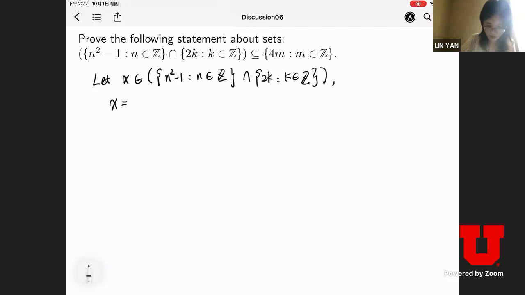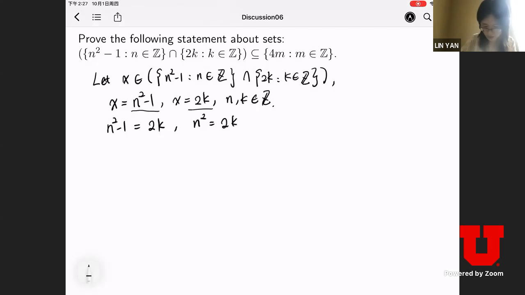but we can know X should be equal to n squared minus 1, and also X should be equal to 2k, where n and k are integers. Then, because these two are the same, we can write n squared minus 1 is equal to 2k, and n squared is equal to 2k plus 1. I think everyone is very familiar with these facts.